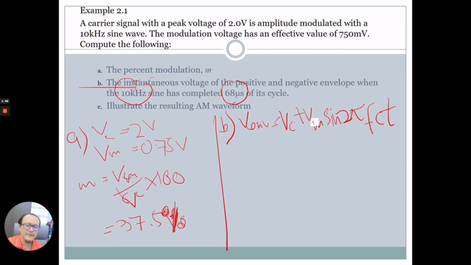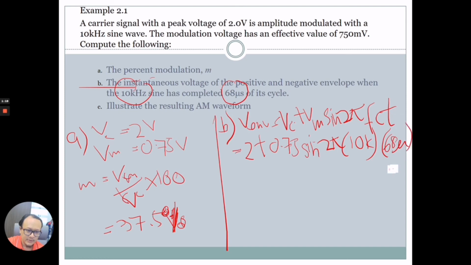Vc and Vm we already know, 2 volts and 0.75 volts. So it should be equal to 2 plus 0.75 sine 2 pi, f is 10 kilo and t is 68 micro.